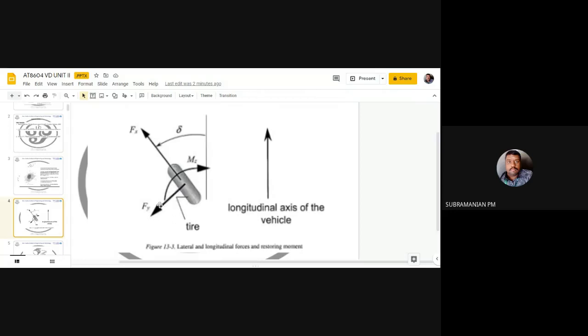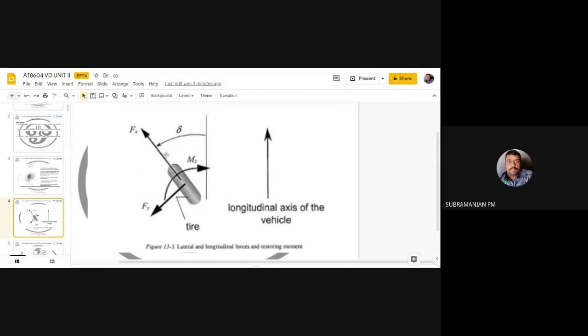You can see this direction is the lateral force, this direction is Fx, and delta is the steering angle. That is, you are about to go straight, and you have made a turn. So you will be having an aligning moment. Your Mz will bring this wheel back to the straight ahead position.